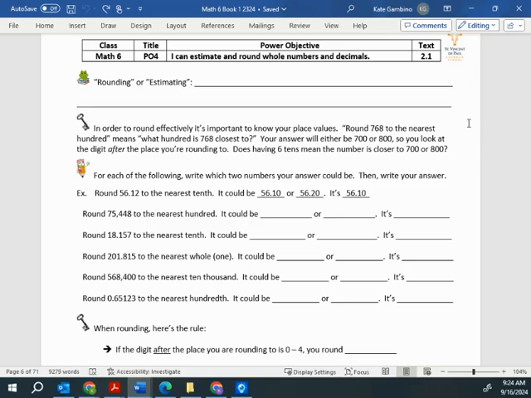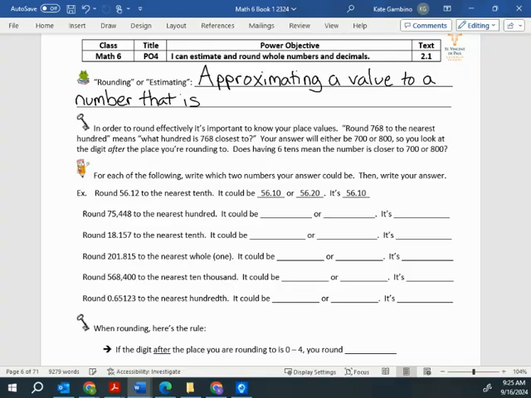Rounding or estimating is approximating a value to a number that is oftentimes easier to work with.